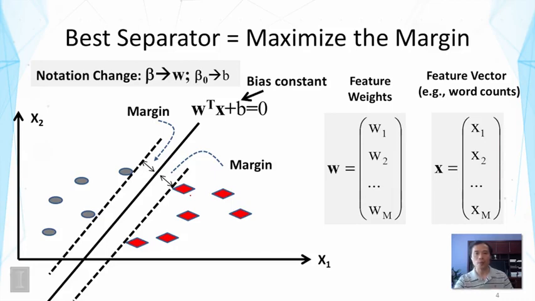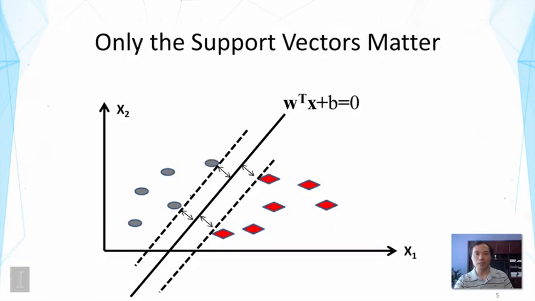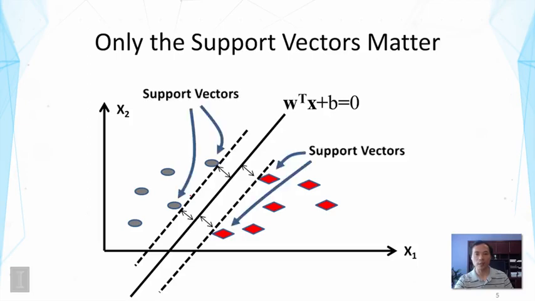Okay, so when we maximize the margin of a separator, it just means the boundary or the separator is only determined by a few data points. These are the data points that we call support vectors. So here I illustrated two support vectors for one class and two for the other class. And these support vectors define the margin, basically.